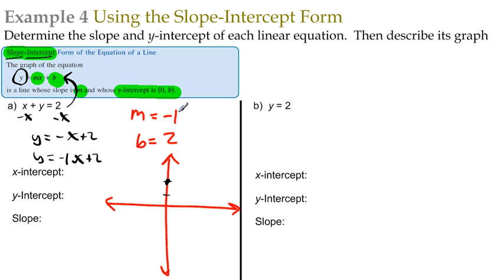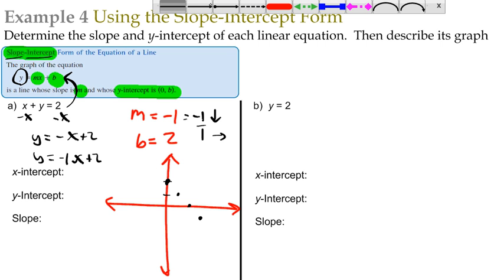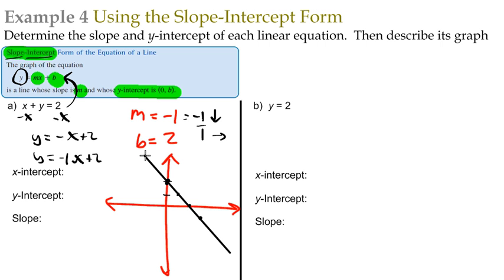We can always write slope as a fraction, so negative 1 is the same thing as negative 1 over 1, which means I'm going to go down 1 and then to the right 1. If it's negative, you go up or down on top, and then on the bottom you go right. So we go down 1 over 1, down 1 over 1, down 1 over 1. You can do this as many times as you want. And we'll go ahead and draw a nice little line there.